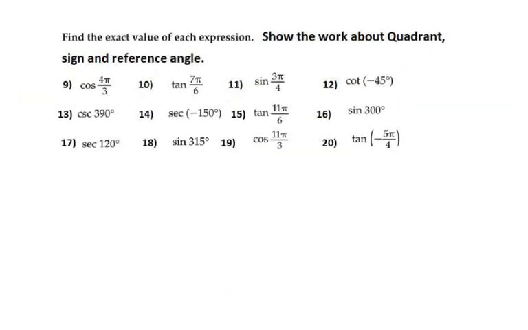Let's go to 17, secant 120. So we're looking for cosine 120 first. Go to QRS, second quadrant. 120 we can divide it by 60 directly. That's 60 degree. For cosine, go to second quadrant.